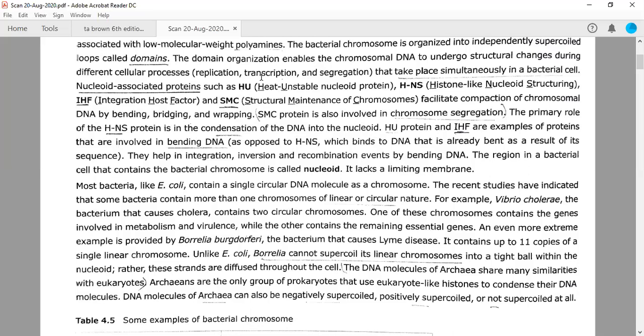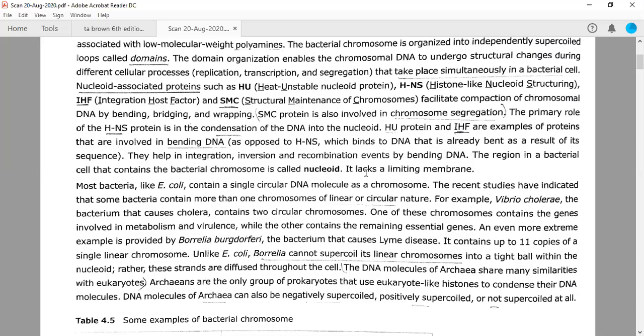So the two proteins, HU protein and IHF, will bend the DNA, and then HNS will further condense this bent DNA. They help in integration, inversion, and recombination events by bending the DNA. So HU protein and IHF bend this DNA, and that's why they help in other processes, for example integration, inversion of DNA, and recombination processes.